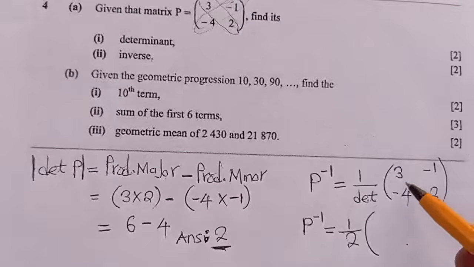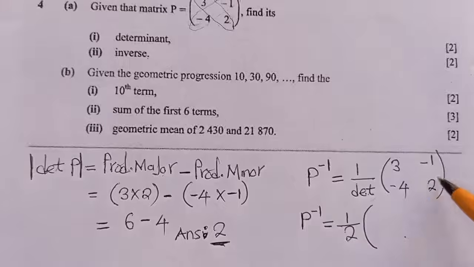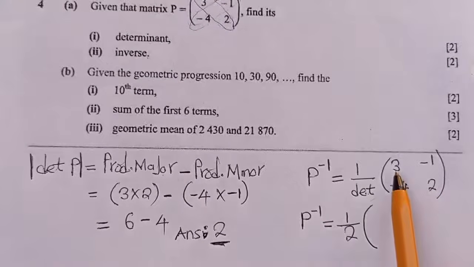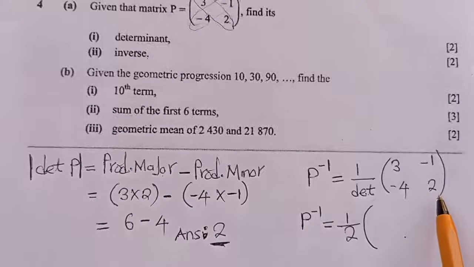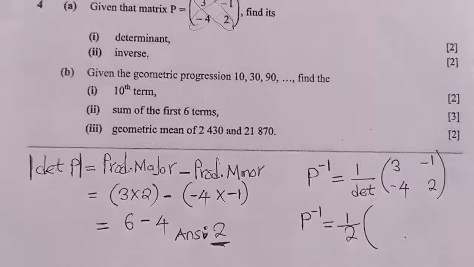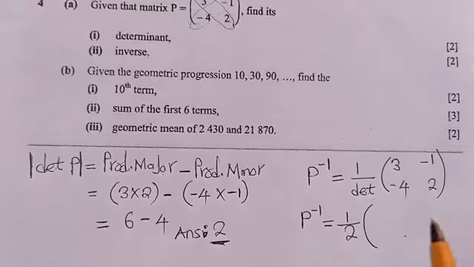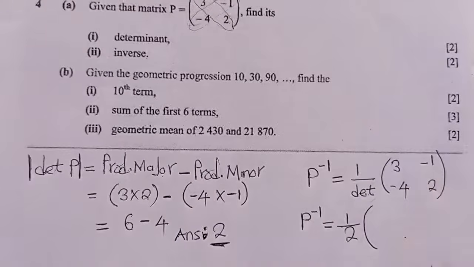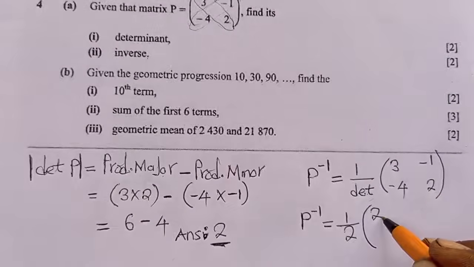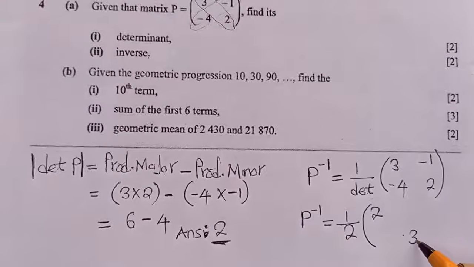I will not write this particular matrix the way it is. You need to understand the major diagonal I've explained, and I guess you know which one is the major and which one is the minor. In the major diagonal, positions are going to swap. This 2 goes on top, the 3 comes down.